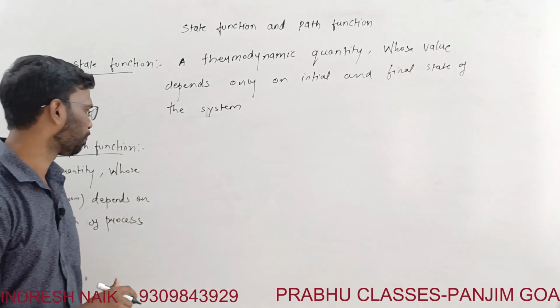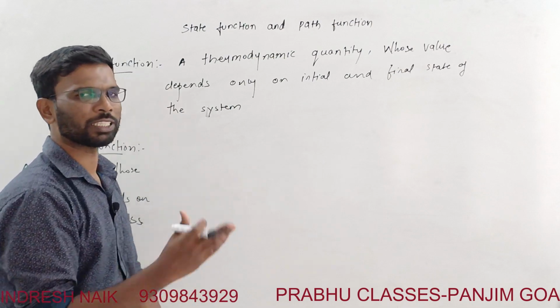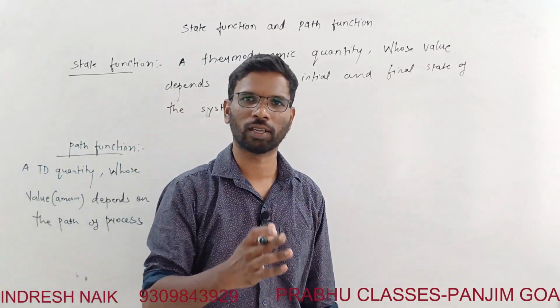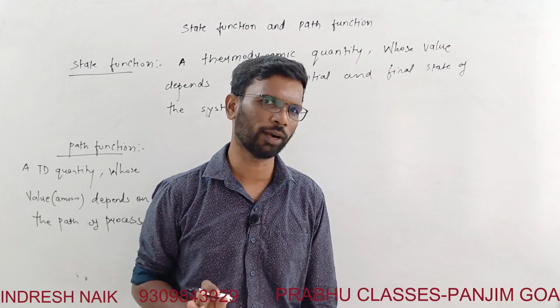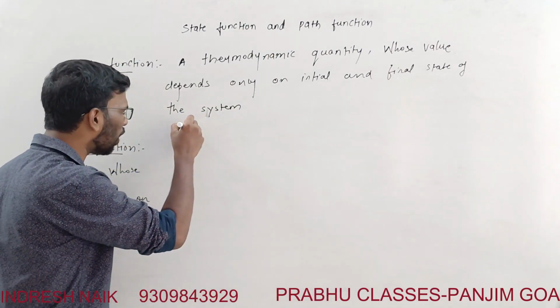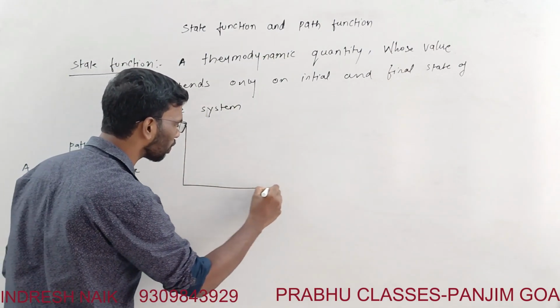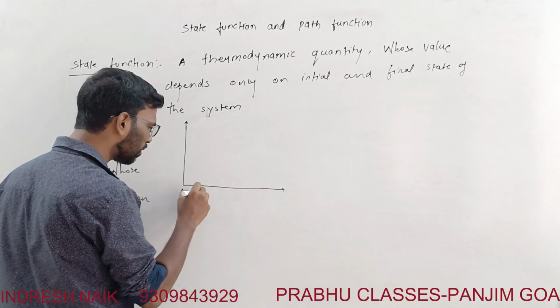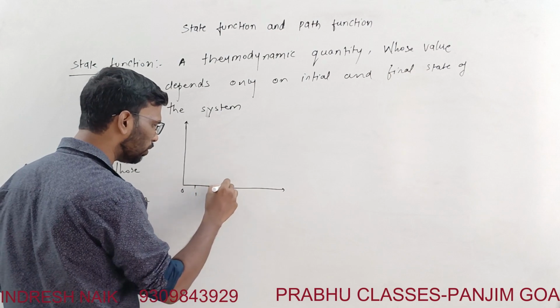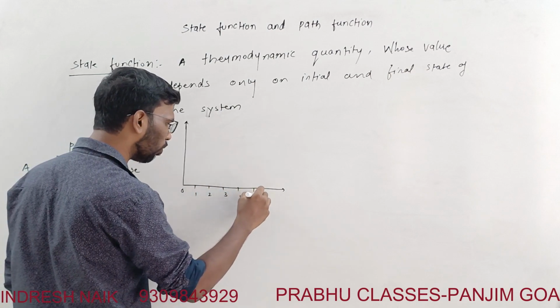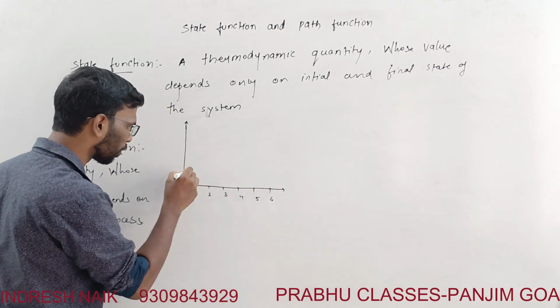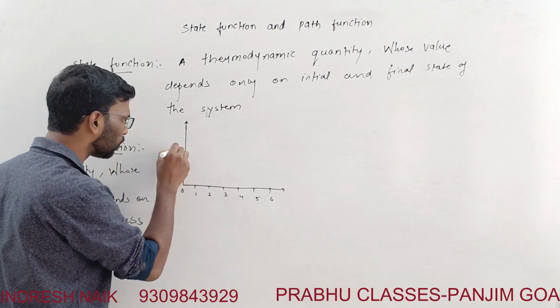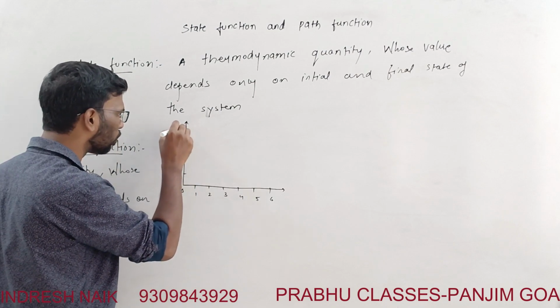Let us illustrate. Everyone knows that in pressure volume, the area under the curve of the pressure volume graph is the work done. So I'll draw some graphs for you. Let's do some scaling also over here. I'll mark this as 0 just for your understanding. 1 2 3 4 5 6. So 1 2 3 4 5.